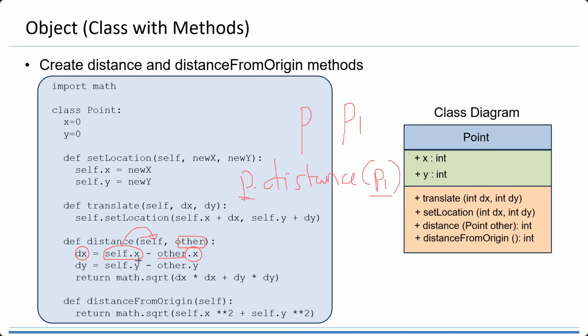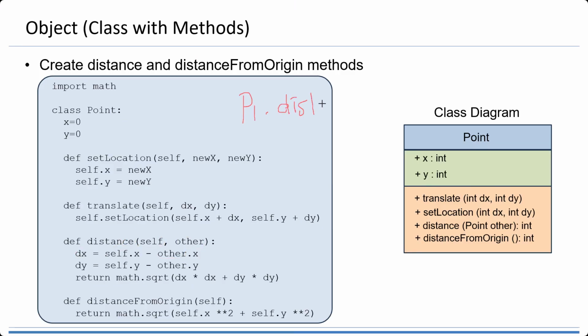So P is the self, and P1 is the argument for the variable other. If I want to check the distance between P1 and P2, then I can use P1 dot distance P2.